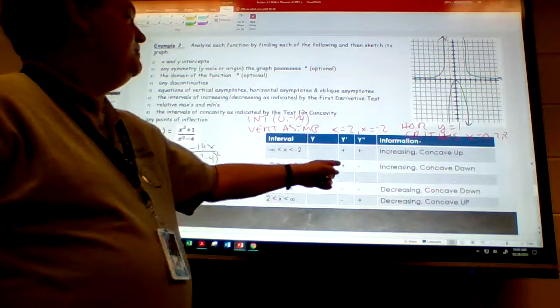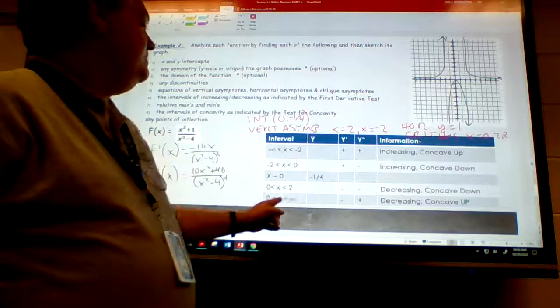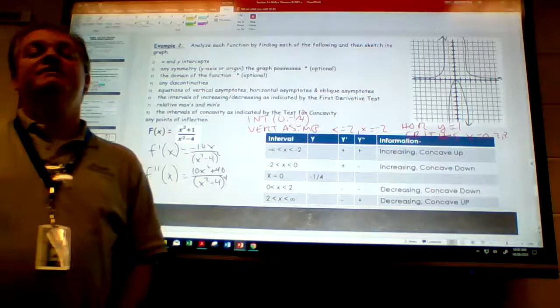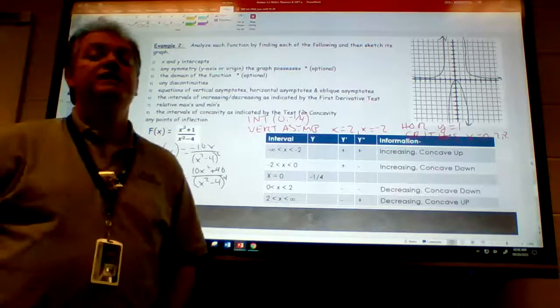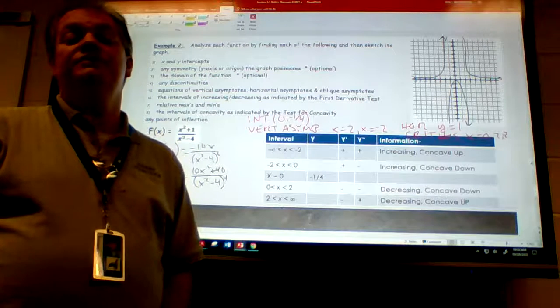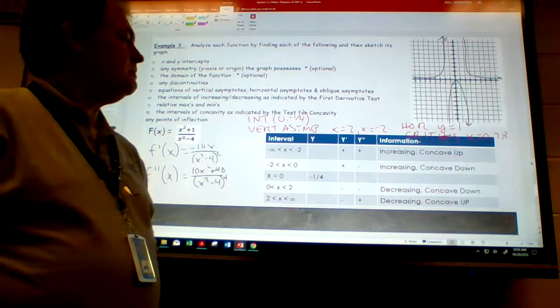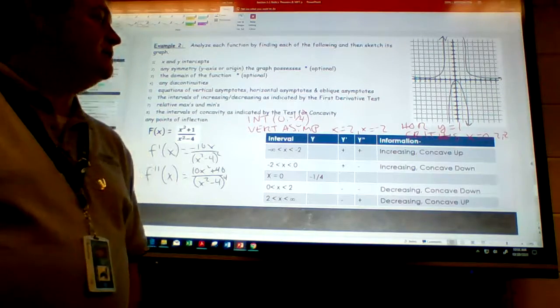On this interval, y prime is positive. Here, y prime is negative, and y prime is negative. You got to find a test value in that range and determine that. And the best way is just type in the first derivative into your graphing calculator and do it that way.